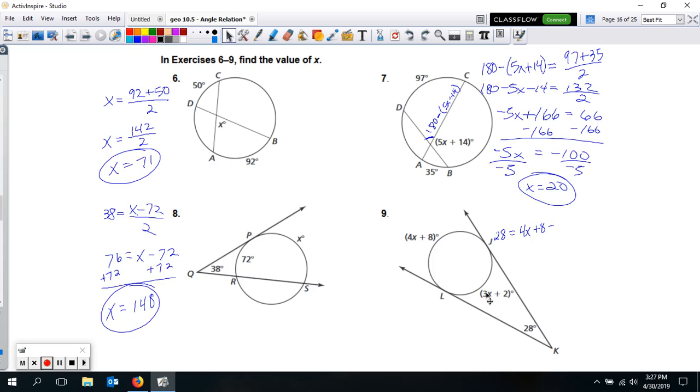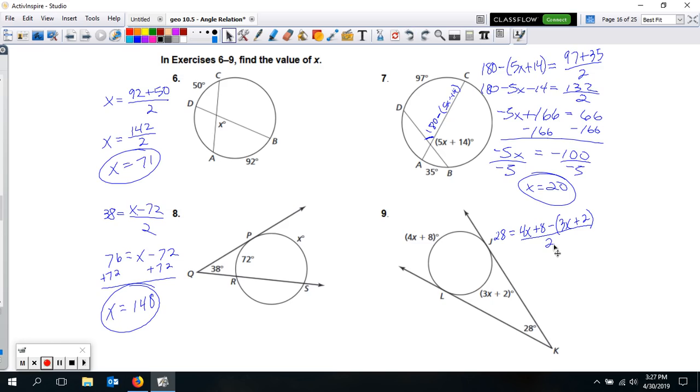Now I need to definitely keep this one in parentheses. Notice I didn't put the 4x plus 8 in parentheses because I didn't need the parentheses anymore. But I still need these parentheses here because I have to distribute the negative into this. And that's all going to be divided by 2. Remember, we still have to multiply by a half, or I like dividing by 2.